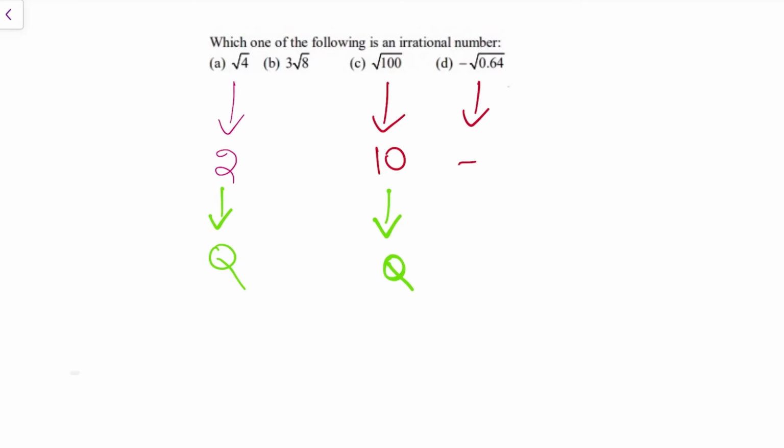Then write minus as it is. Next 0.64 is inside, so 8 square is 64. Here after the decimal 2 digits are there, so we need to keep 1 digit after the decimal, so minus 0.8. Minus 0.8 is a rational number again.